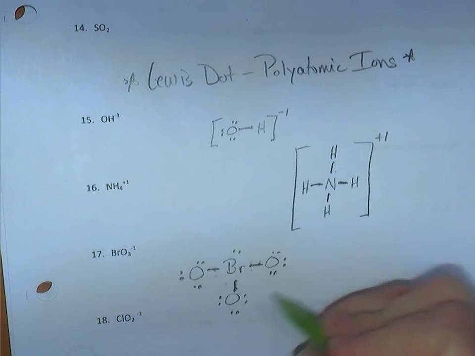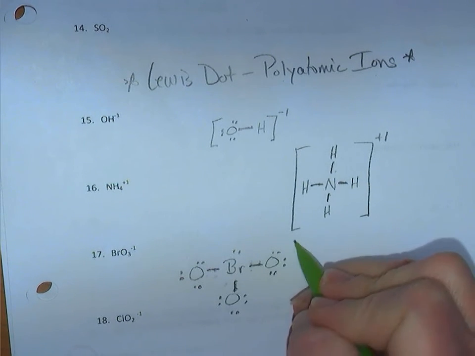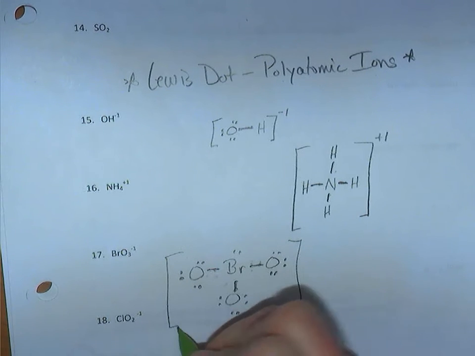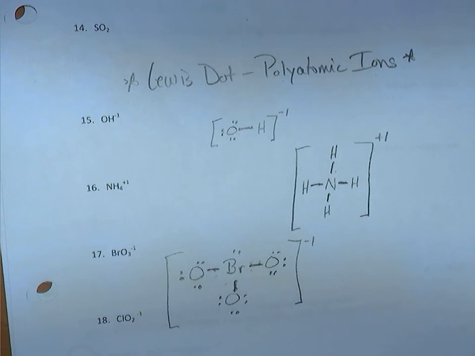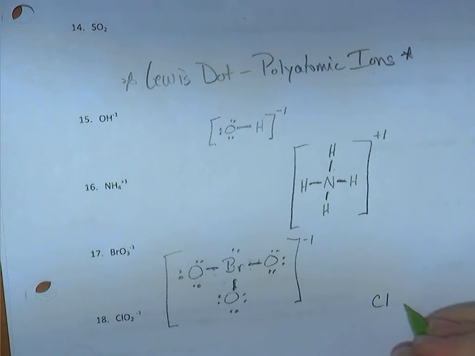Then bromine still has 8, and then each oxygen has 8. I just need to show that there's an abundance of 1 more electron. The coordinate covalent bonding will happen in this to create this structure.